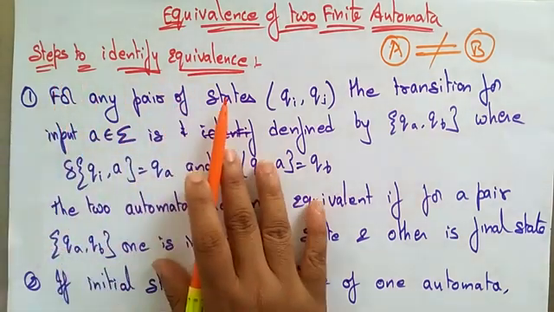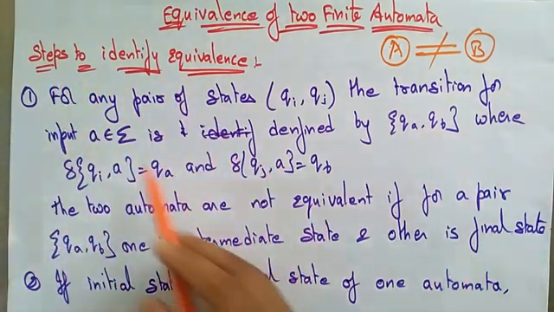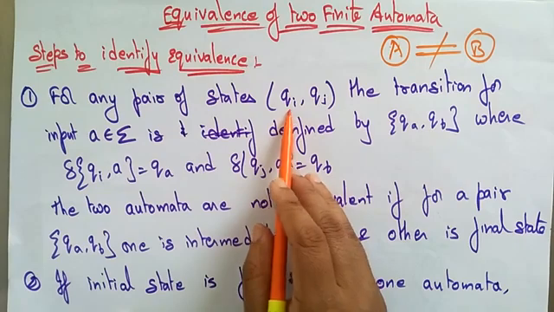The steps to identify the equivalence are: take any pair of states, Qi and Qj.